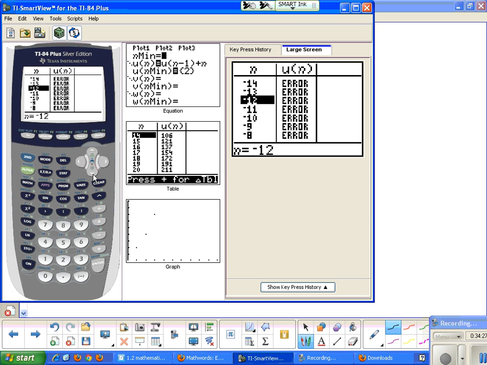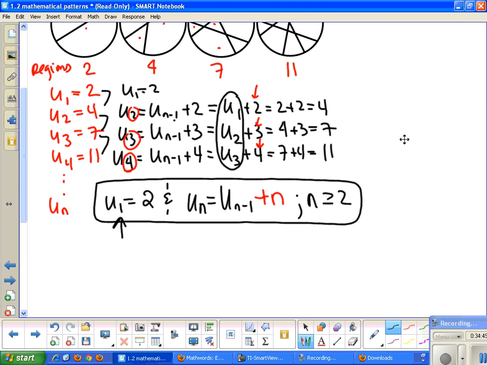So if I go here, notice that one chord, you have two regions, two chords, four regions, three chords, seven regions, four, and so on. So all I need to do is scroll down to 20. And notice that for 20 chords, I have 211 for my solution. So U sub 20 would be equal to 211 regions.